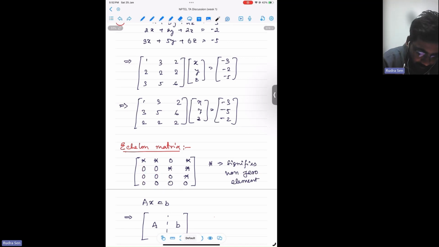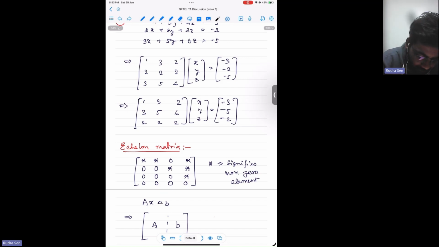Let's say the first element of the first row is non-zero, forget about the other elements of the first row. That means all the elements below that first element of the first row should be zero. The next non-zero element of the next row should come after the first column.